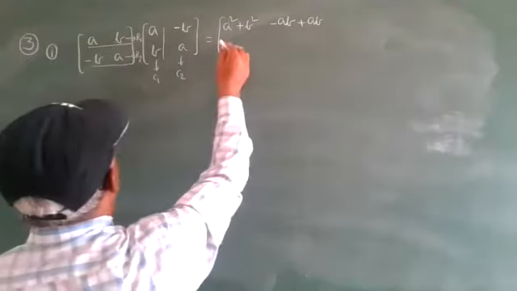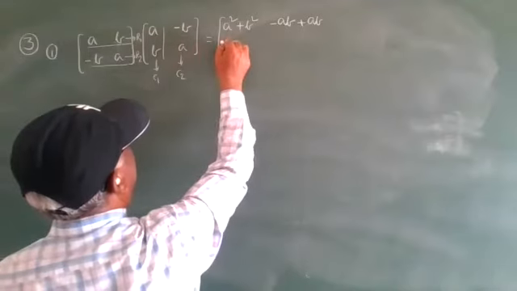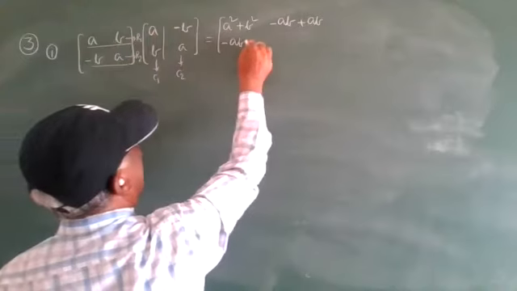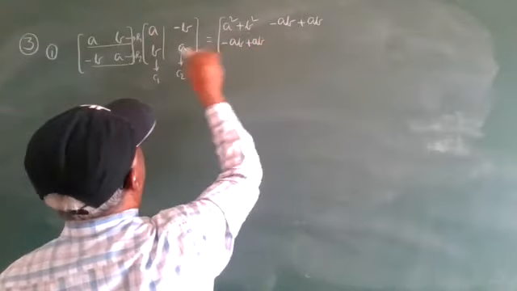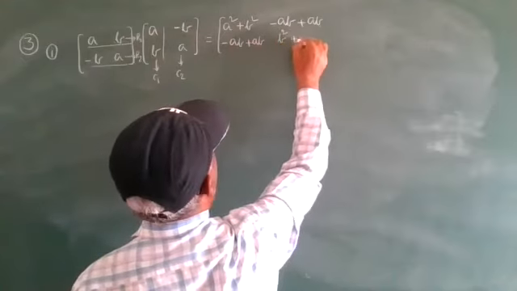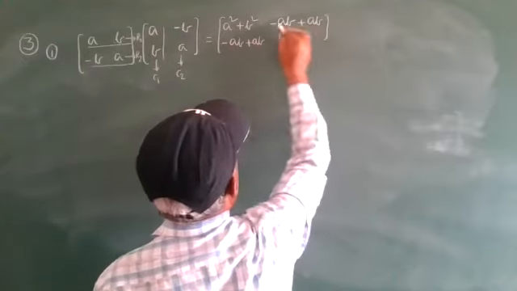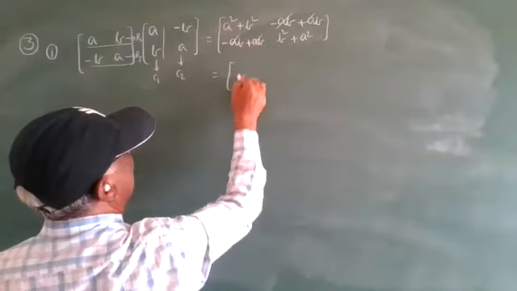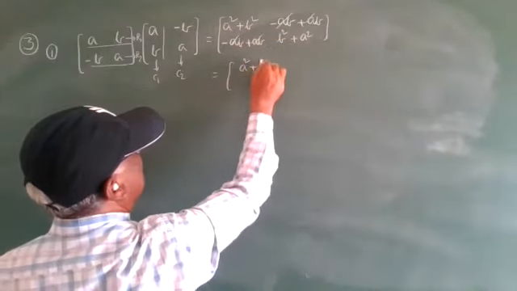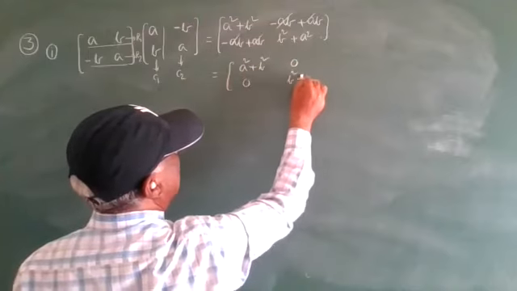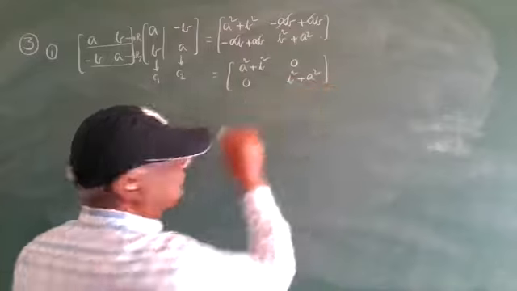Second row: minus AB plus AB, and next minus plus B square plus A square. Here both are cancelled. Answer is A square plus B square, 0, 0, B square plus A square.